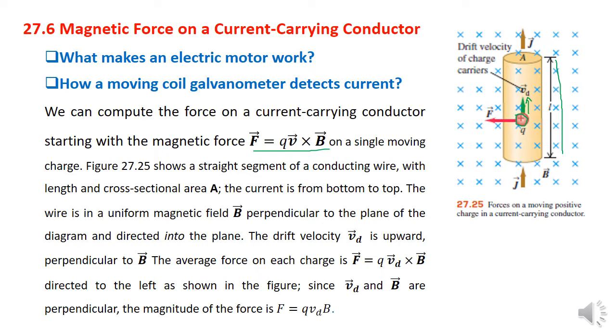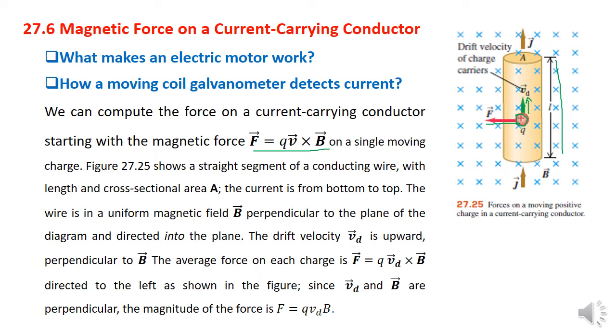Remember that there is a uniform magnetic field B directed inward, into the plane of the diagram, and then the total force on this charge will be F equals QvB. By the right hand rule we can determine the direction of this force, which comes out to be towards the left, as shown in the figure.